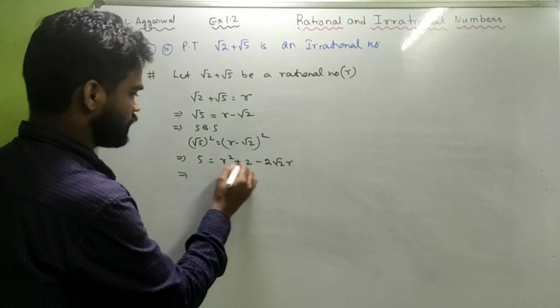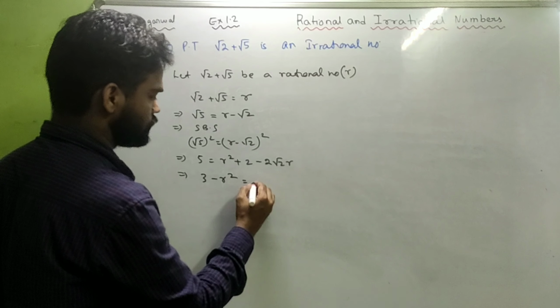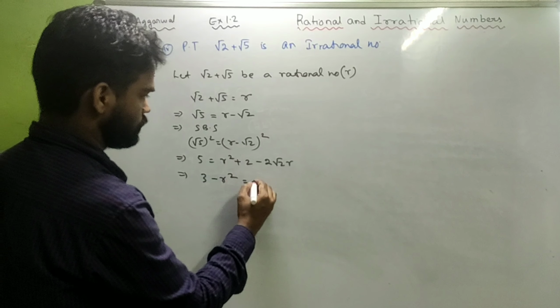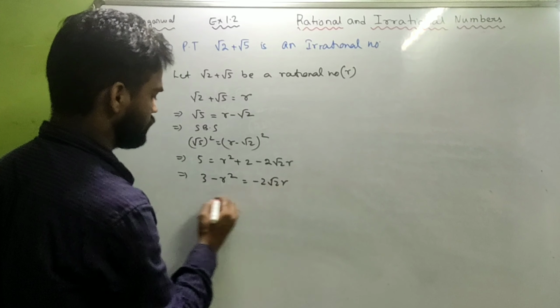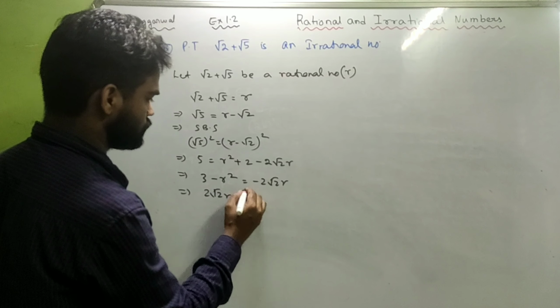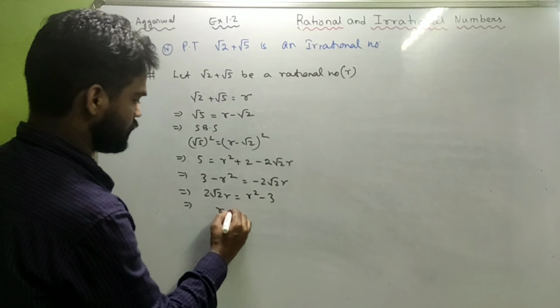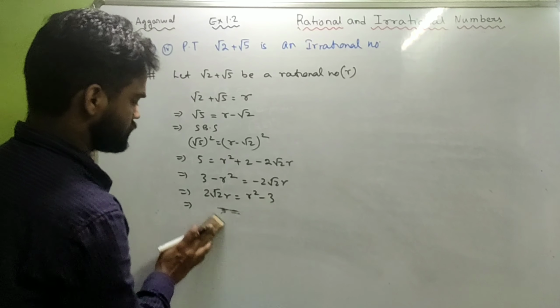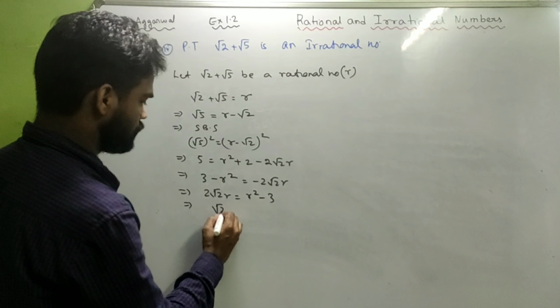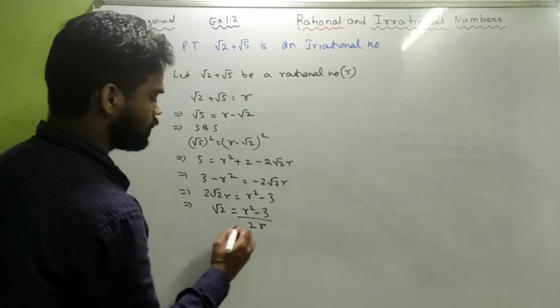Which means 5 minus 2 is 3, minus r square, is equal to minus 2 root 2 r, which means I can say 2 root 2 r equals r square minus 3, which means I can say root 2 equals r square minus 3 by 2r.